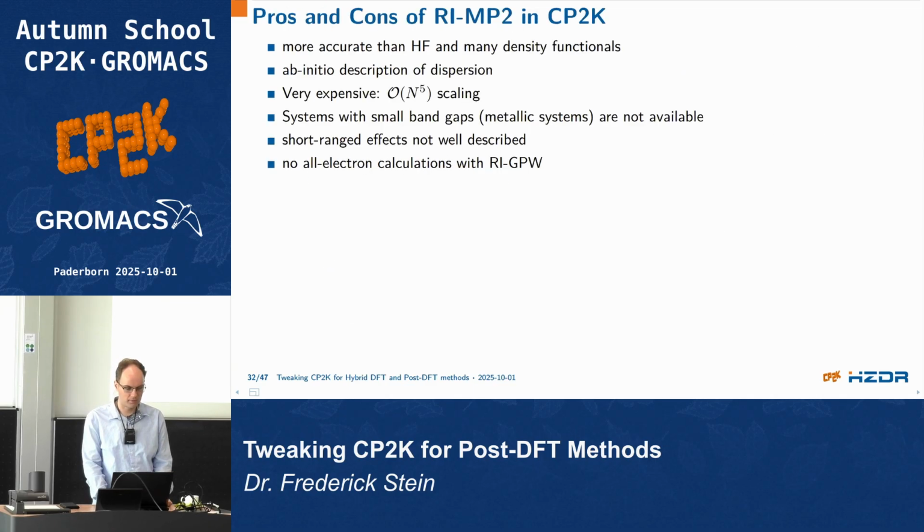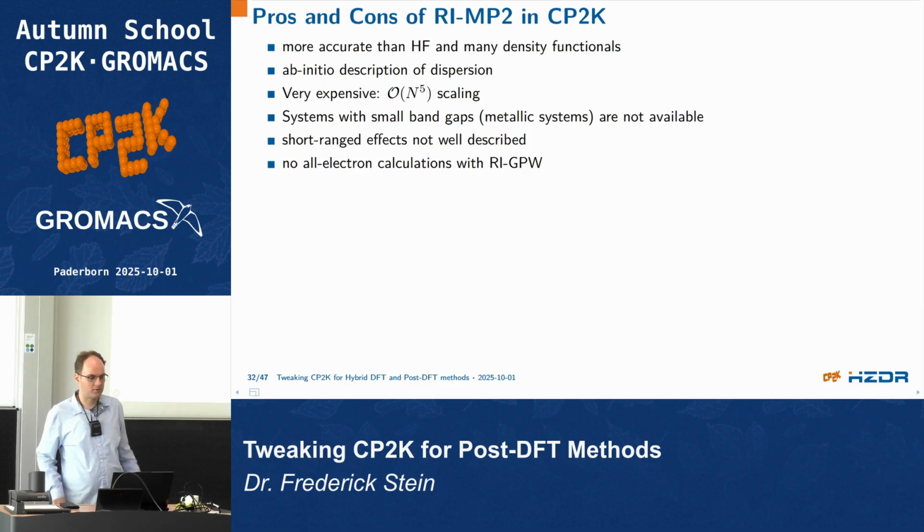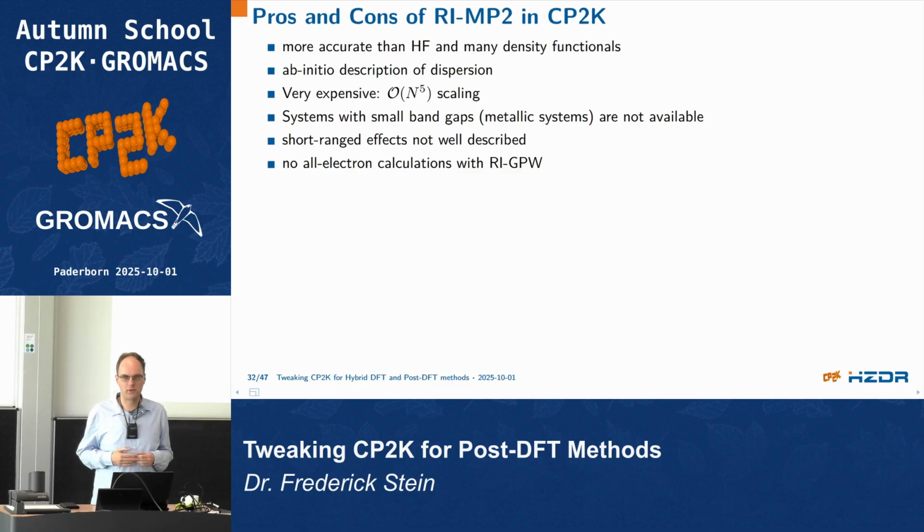Maybe some pros and cons of RI-MP2 in CP2K. Generally, it is of course more accurate than hybrid functionals and also many density functionals, though not necessarily hybrid functionals, by the way. And it has a version which can be relevant to you. But in general, MP2 is of course much more expensive than Hartree-Fock, scaling with the fifth power of the number of atoms.